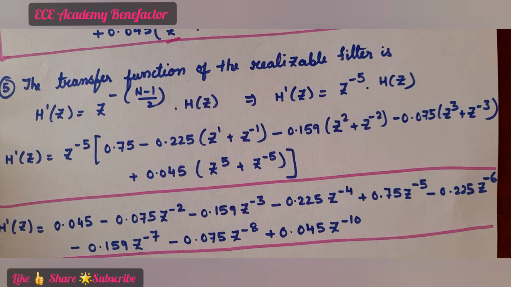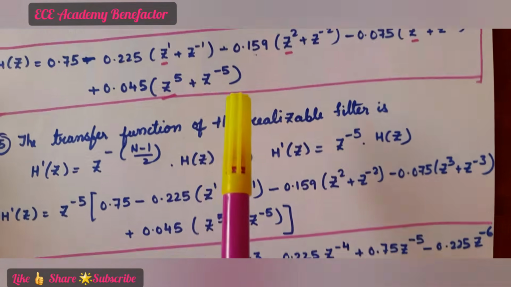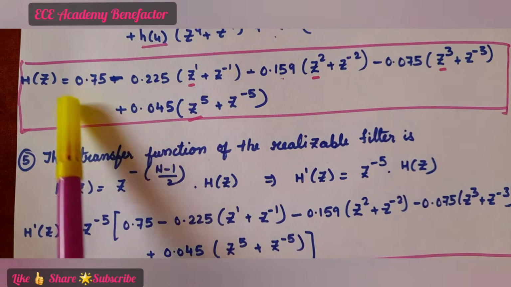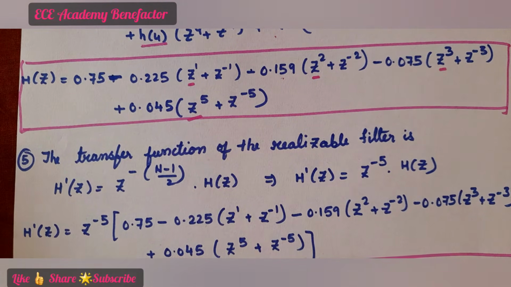So, we already got this H(z). Now, multiply this complete equation with z to the power minus 5.